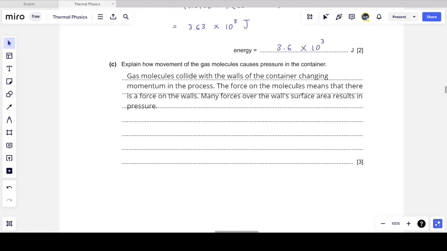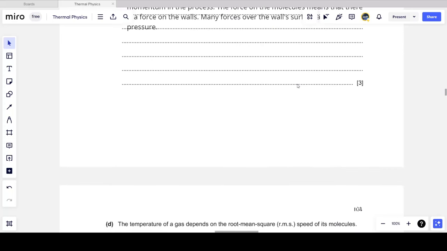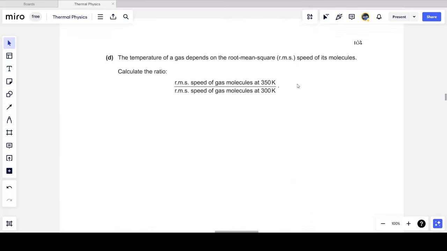That means there's a force on the walls as well. Many of these forces over the wall's entire surface area results in a pressure, since pressure is force per unit area. You can make better use of the lines than I have, but I think I've explained everything that you want to see in that answer. Make it as clear and concise and remove any contradictions that you may have when writing these answers. But that was a very conceptual kind of question.